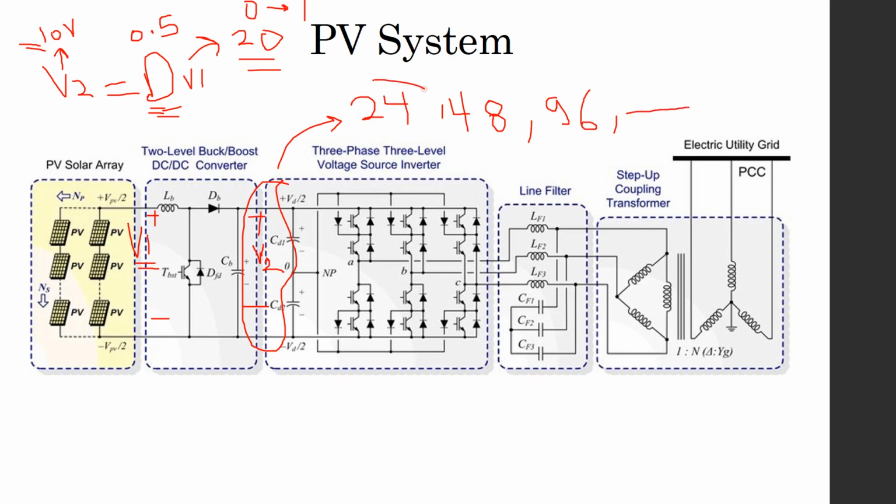So this voltage of the battery, 24, 48, 96, all of these are a constant value. So here V2 is a constant value of 24.